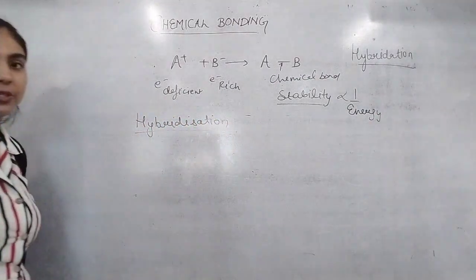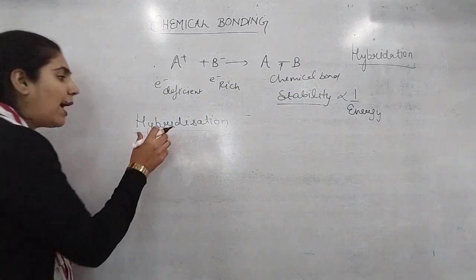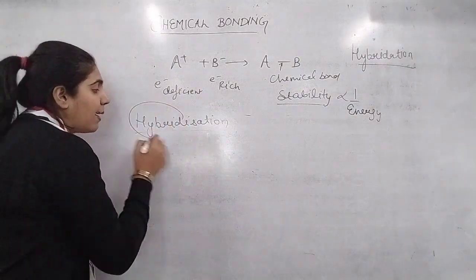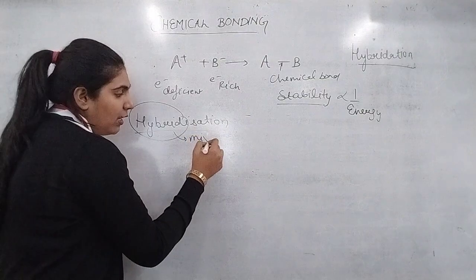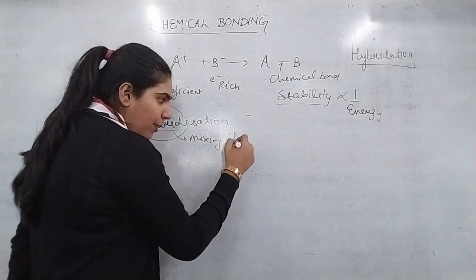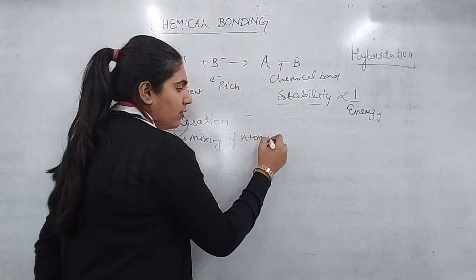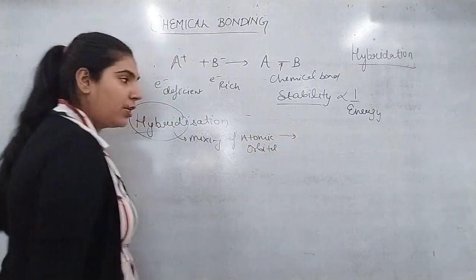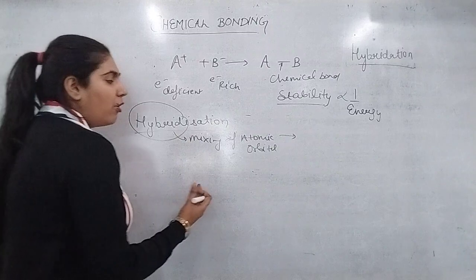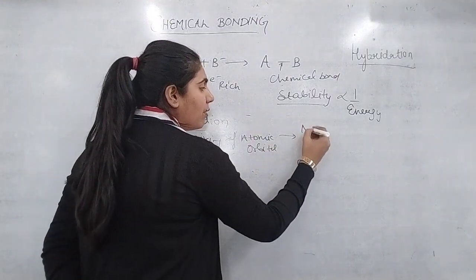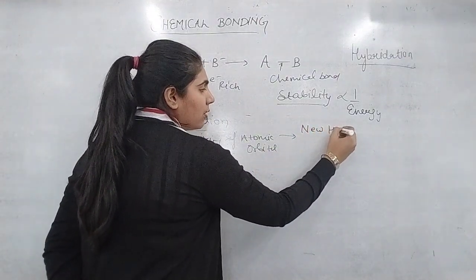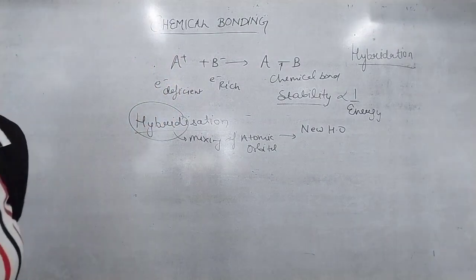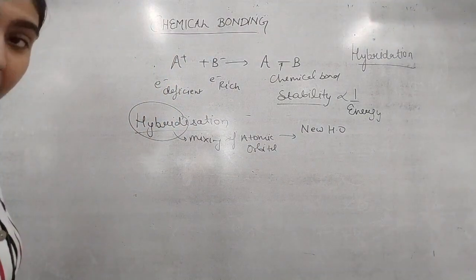In hybridization, a hybrid means mixing, mixing of atomic orbitals, and it leads to the formation of new hybrid orbitals, which are equal in energies and equal in shapes.